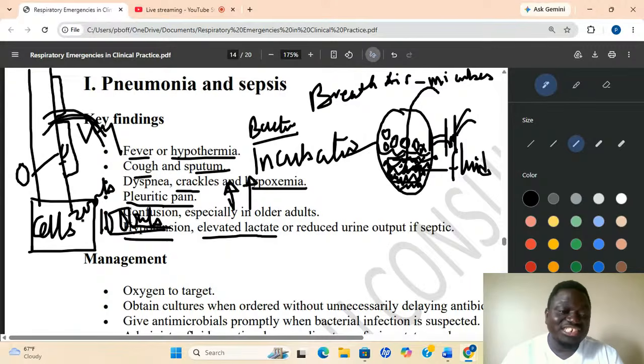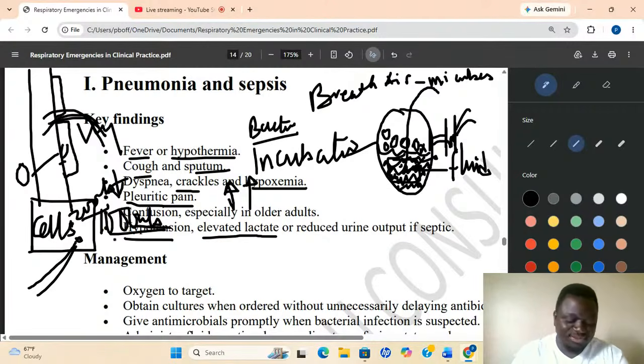Meaning the oxygen level too has reduced, so cells have less oxygen to work. Cells will now depend on anaerobic respiration to produce ATP. A lot of acid will be produced as a byproduct, causing acidosis. So you see your lactic acid increasing at the cell level.